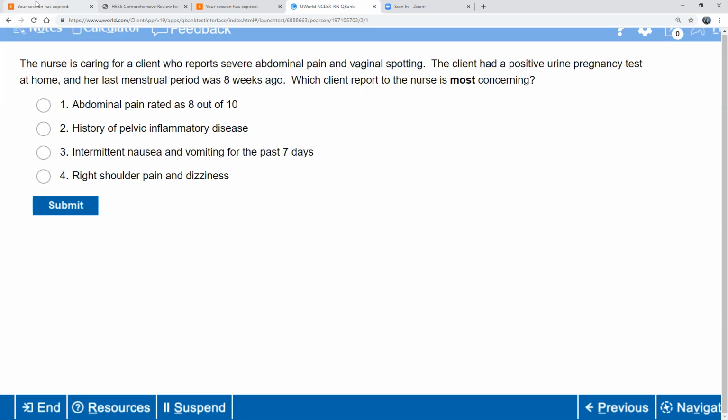Abdominal pain at 8 out of 10, history of pelvic inflammatory disease, intermittent nausea and vomiting for the past 7 days, right shoulder pain and dizziness.